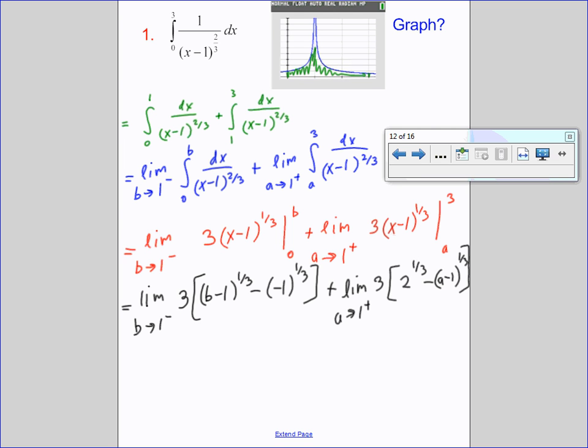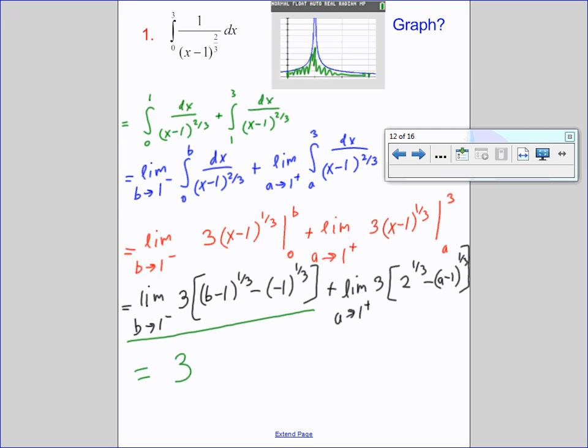I can do the odd index evaluation if I'm negative, but this is approaching 0 anyhow, so I'm getting 0 here. Are you guys getting 0? Negative 1 to the 1/3 is negative 1, minus a negative 1 is plus a positive 1, so I'm getting 3 for this whole left-hand side. You guys get 3? Yeah!